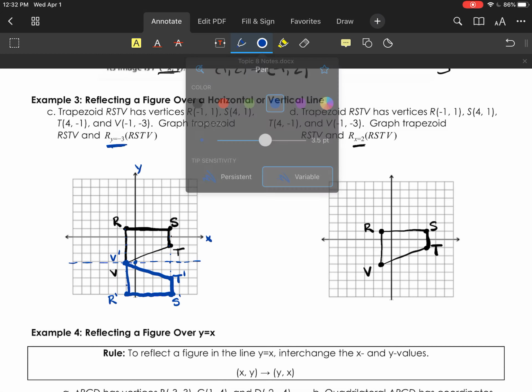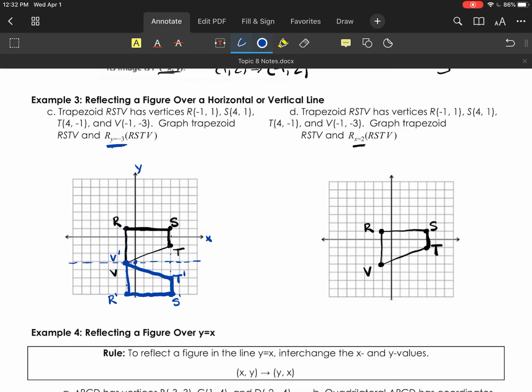Then we are reflecting this over the line x equals 2. So once again, here's your y-axis, here's your x-axis. I'm finding 2 on the x-axis. Here is positive 2 on the x-axis. I'm going to draw a vertical line through that. I know that is hard to get through your head, so I'm going to write a little note.